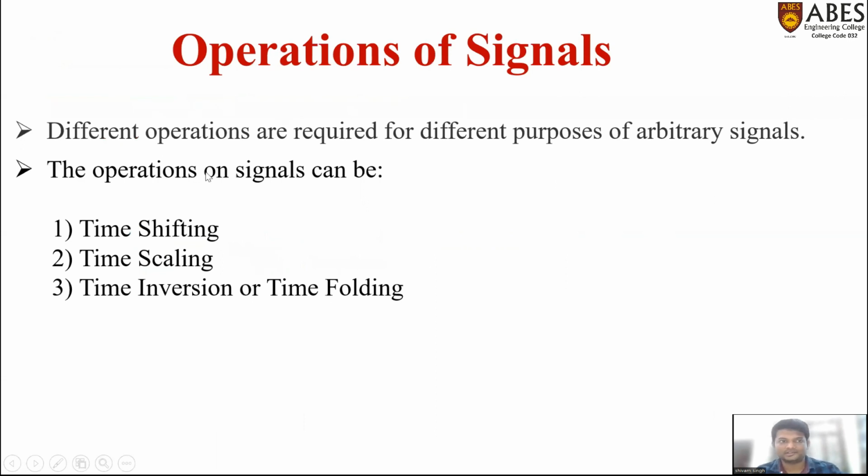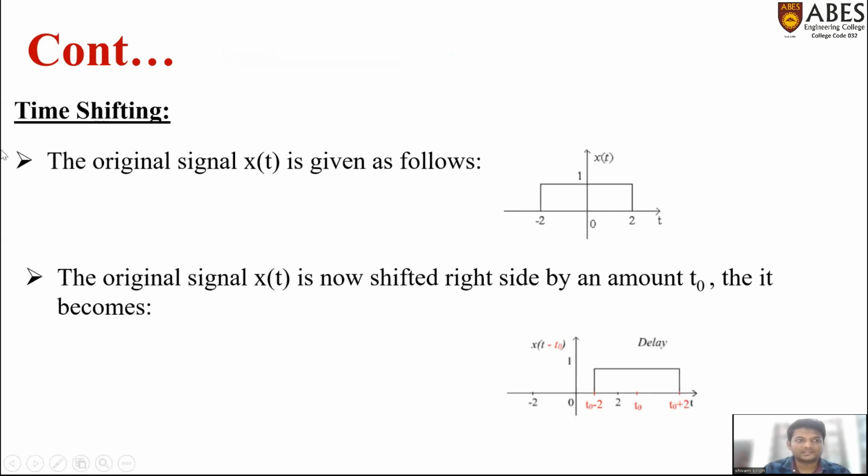Now, operations on signals. You can apply different operations on a signal: time shifting, time scaling, time inversion, or time folding. Starting with the first, time shifting. Here x of t is given, the original signal. Let me denote it first.